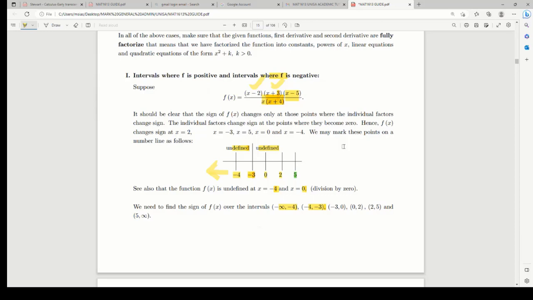We'll also look at what happens between -3 and 0, that open interval, and between 0 and 2, and between 2 and 5, and again, the open interval 5 to infinity, okay? This one here, which is represented somewhere here. Just struggle to draw this now.